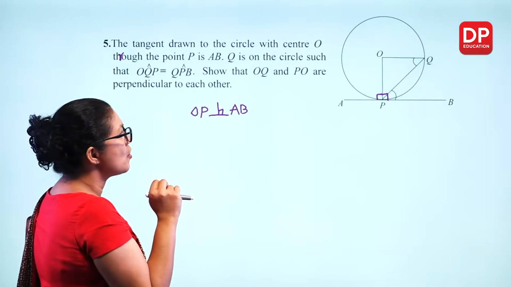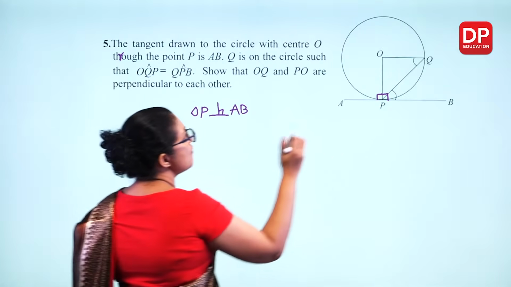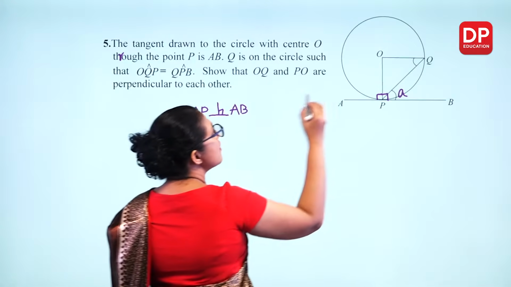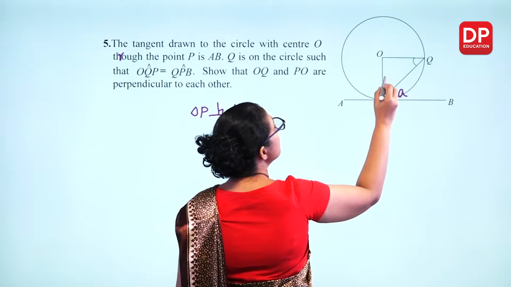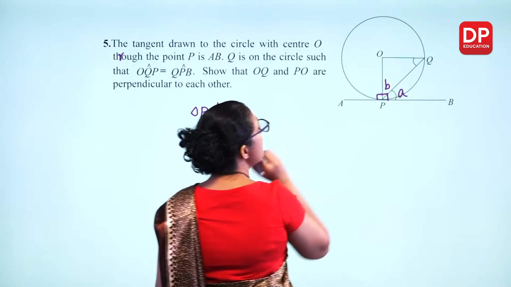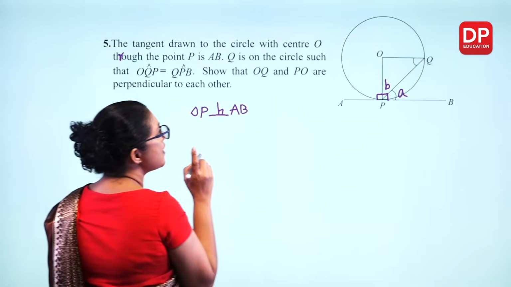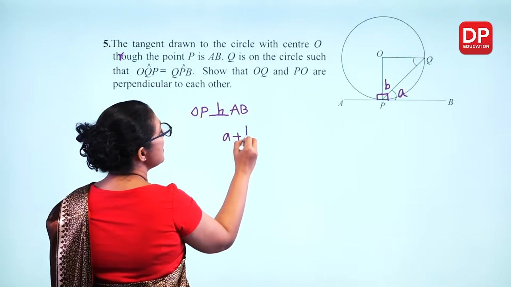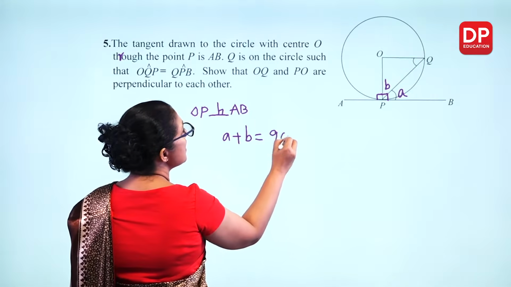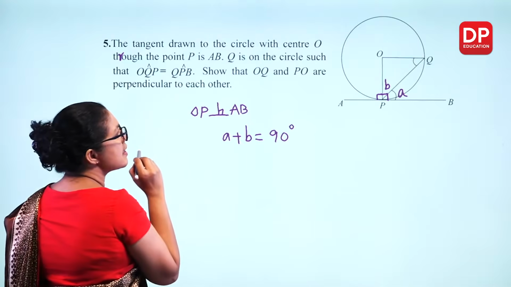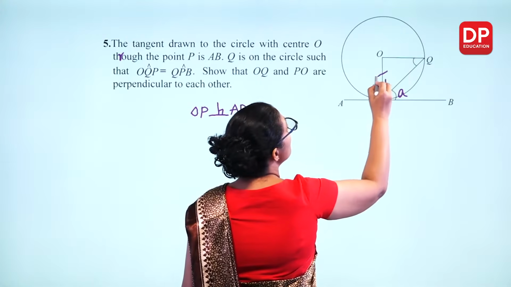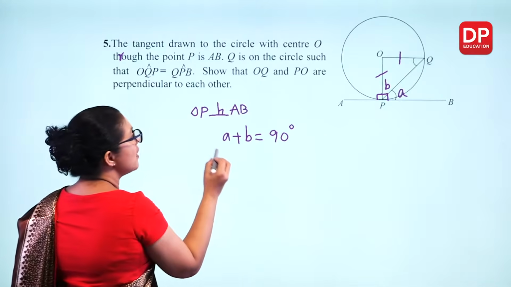What can you say about this one? If we put A, this one, what's this angle? Or I'll write B here. What can I write about A plus B? A plus B is 90 degrees. And we know these two lengths are equal.